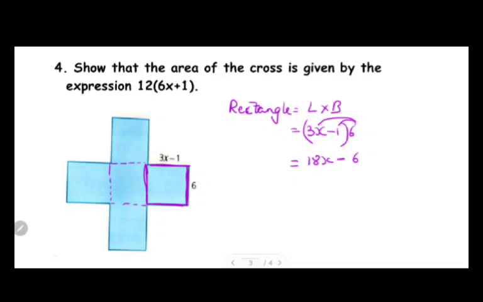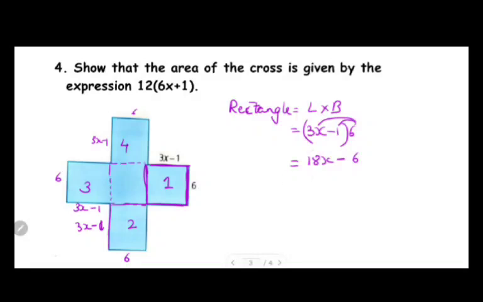Alright, so here as well this should be 3x minus 1 and this will be 6. Similarly 3x minus 1 and 6, and 3x minus 1 and this is 6. So eventually I am going to get the same answer for 1, 2, 3, 4. Correct?